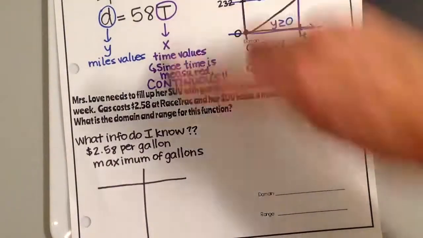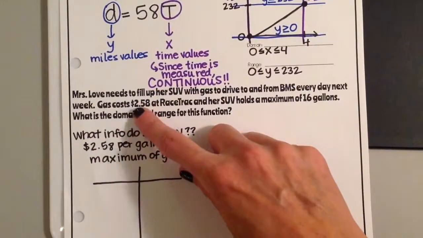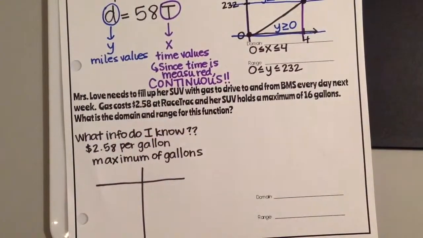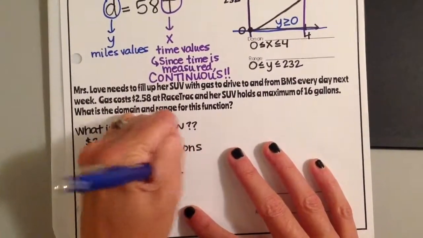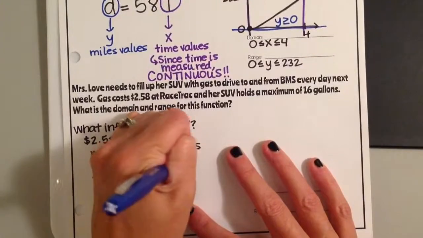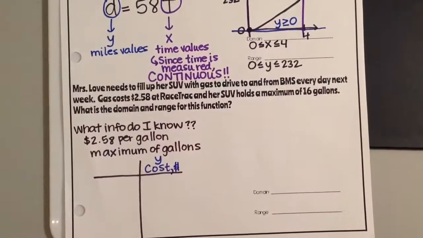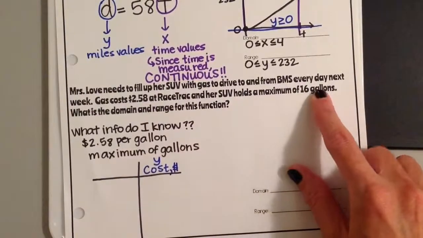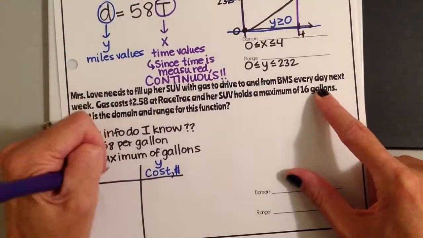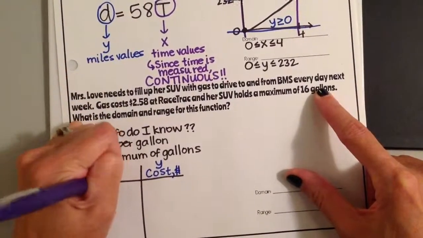Just like time is always x, cost is always going to be a y value. So cost, dollars. Okay, total cost is always going to be a y value. So if dollars and cost is our y, that must mean that gallons is our x value.